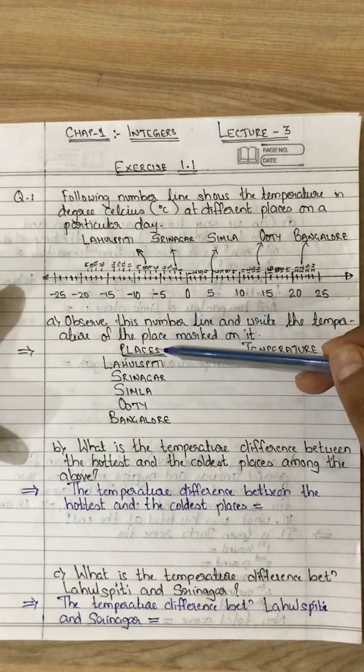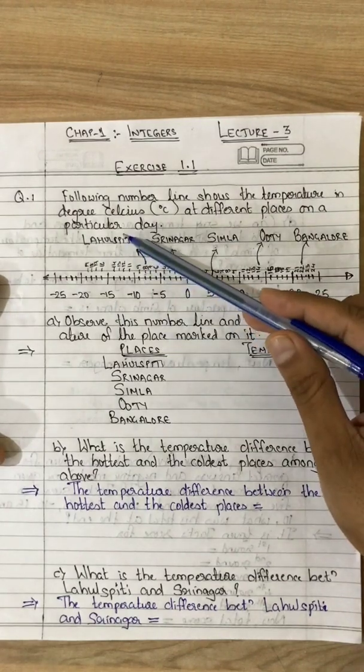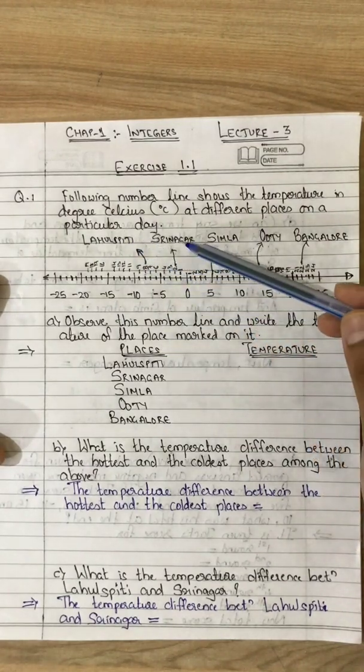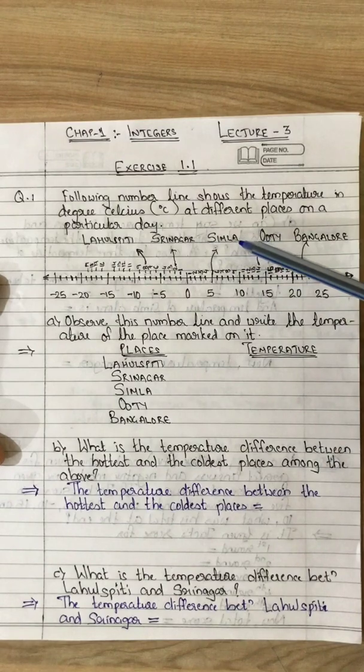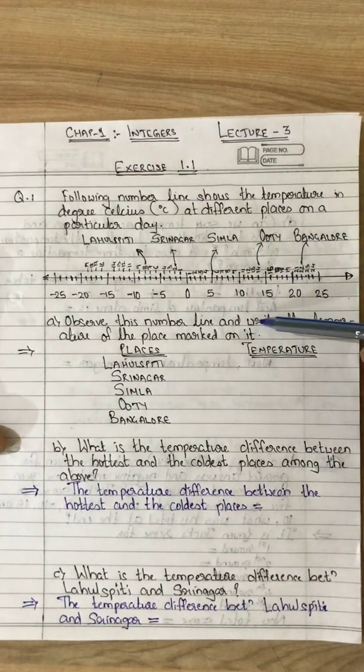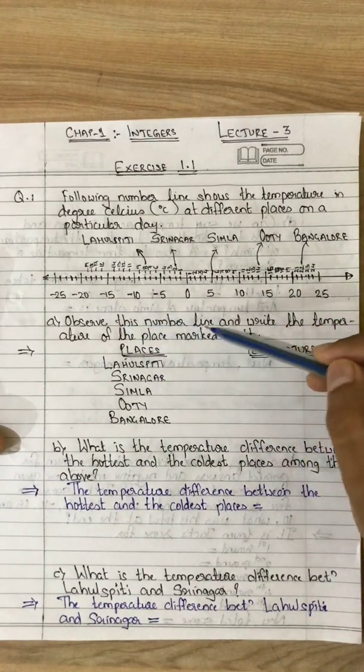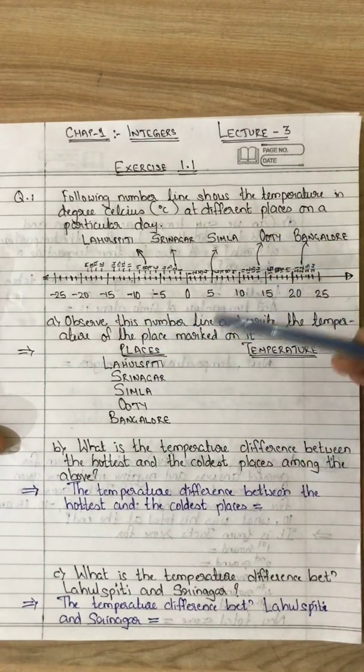So I have already written the names of the places: Lahul Spiti, Srinagar, Simla, Ooty, Bangalore. And we have to write the temperature of the places marked on it. So let us see one by one.